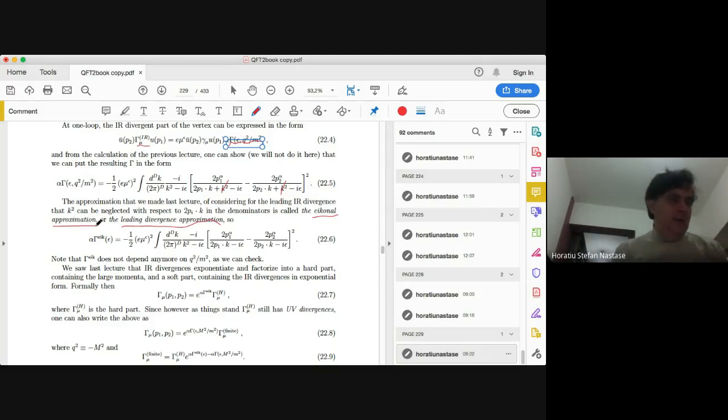So really, the eikonal approximation is the approximation in quantum mechanics where you consider light rays, basically, the approximation of a wave function where you consider only light rays. So that amounts to an approximation on momentum, and that in turn relates to this approximation that k squared is less than 2p1 dot k and 2p2 dot k.